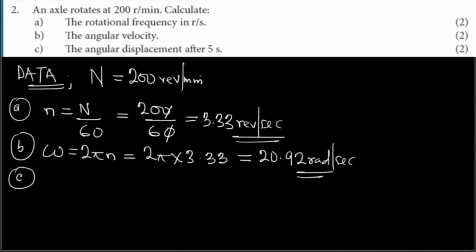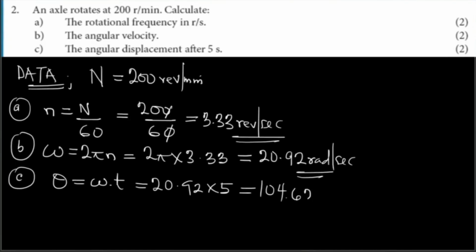The angular displacement after 5 seconds: angular displacement is equal to angular velocity multiplied by time. So this is 20.92 multiplied by 5. It's going to give us 104.62 radians. Please don't forget to put the unit there. The unit is very important. It's half a mark for the correct answer and half a mark for the correct unit.